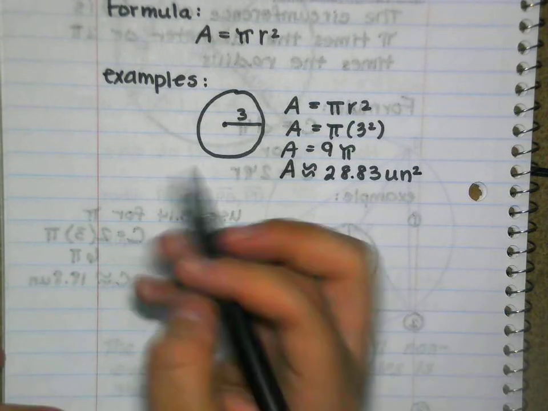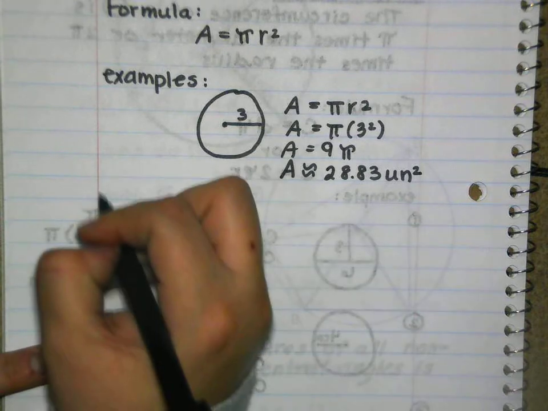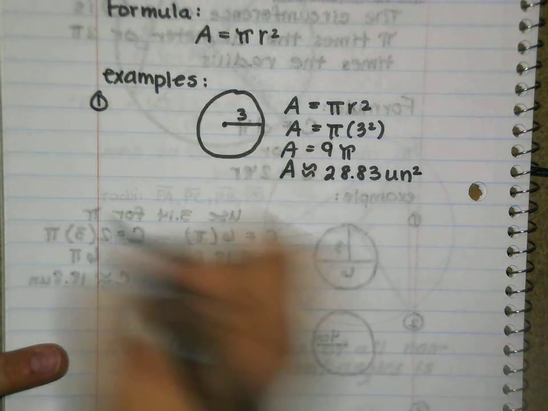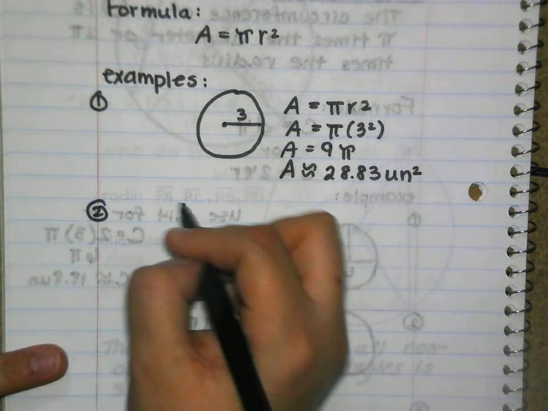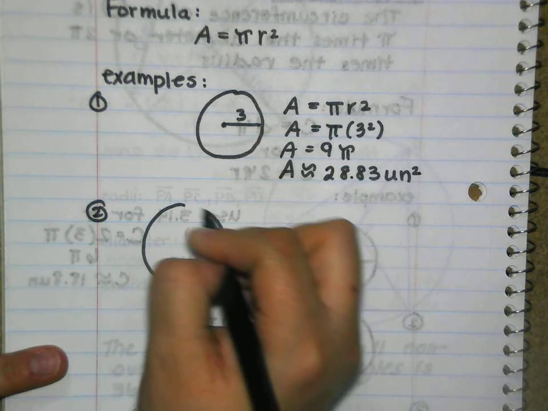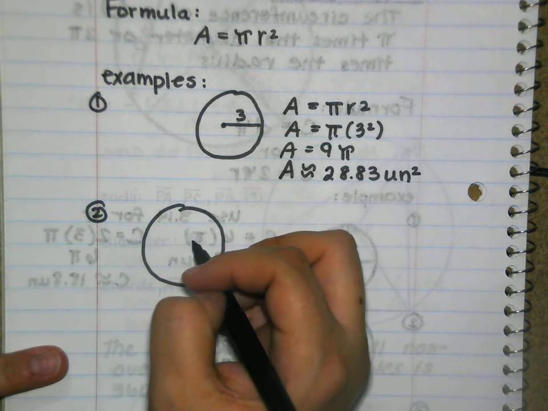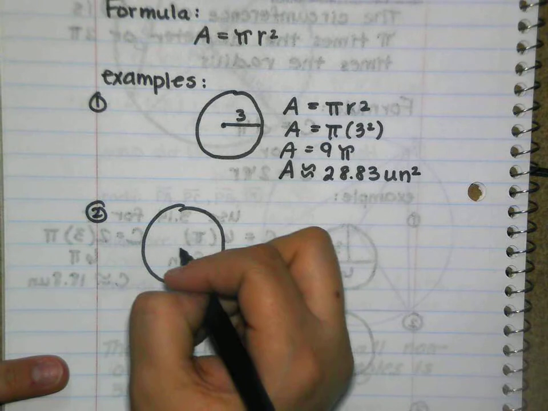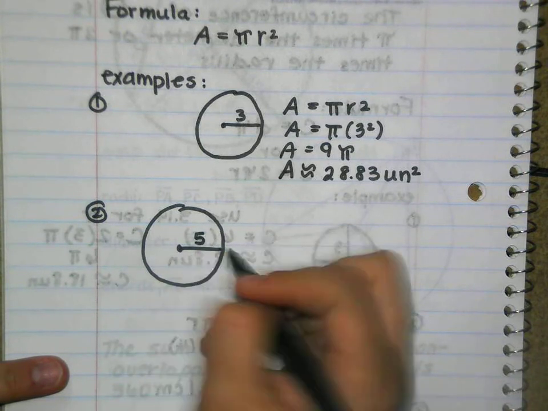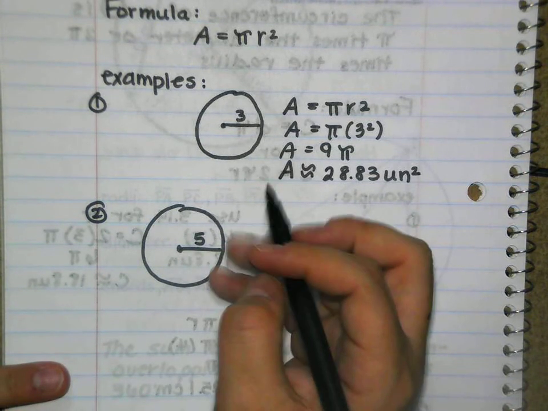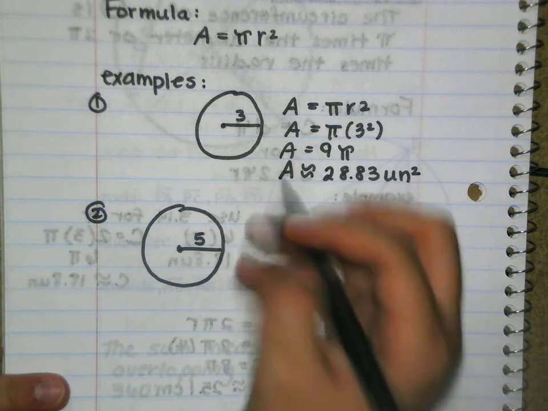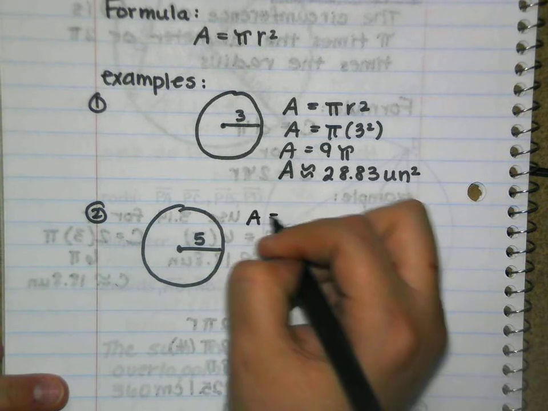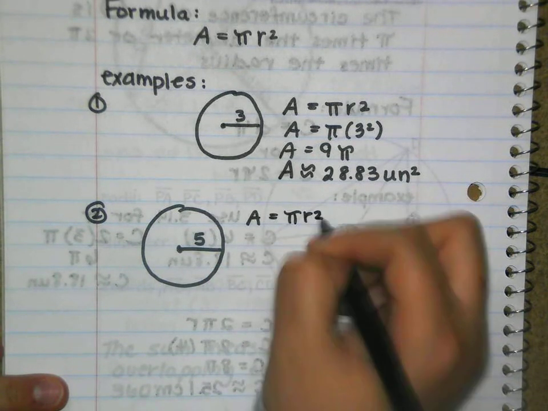Okay, and let's continue with some more examples. Let's call this example 1, and we'll call this example 2. Here is a circle. It is going to have a radius of 5, and it says find the area. So remember that area is pi times r squared.